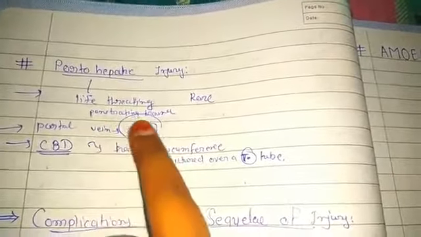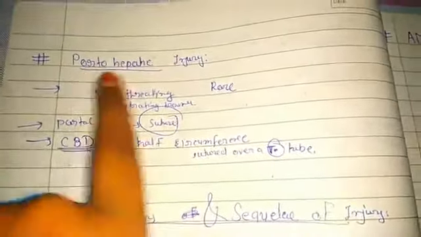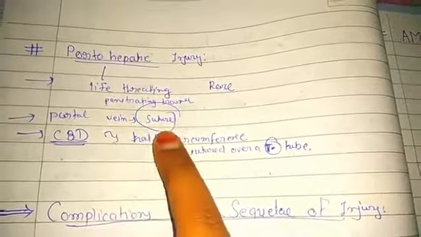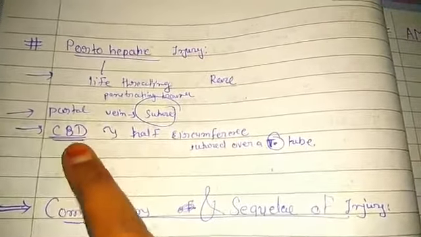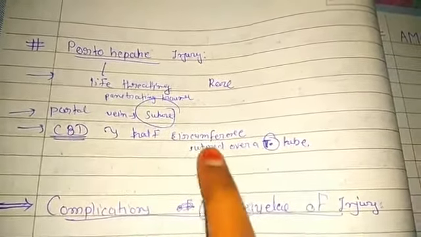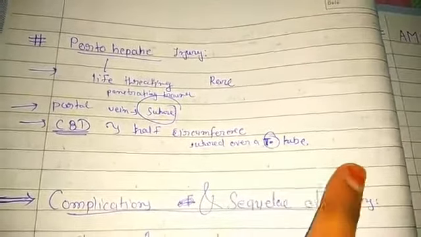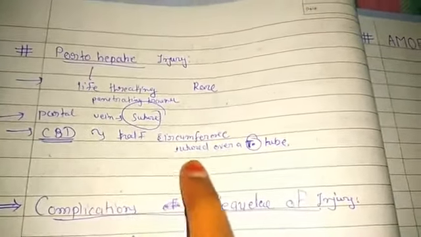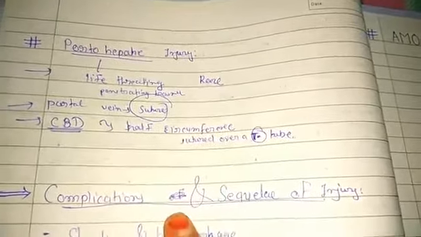It mainly occurs in penetrating trauma. If a portohepatic injury is there, the portal vein should be sutured and the common bile duct should be sutured over a T tube, half circumference.